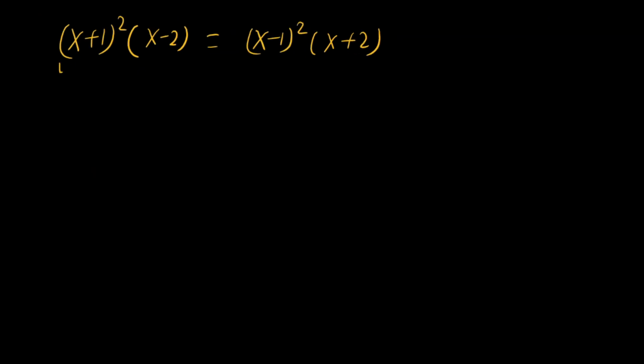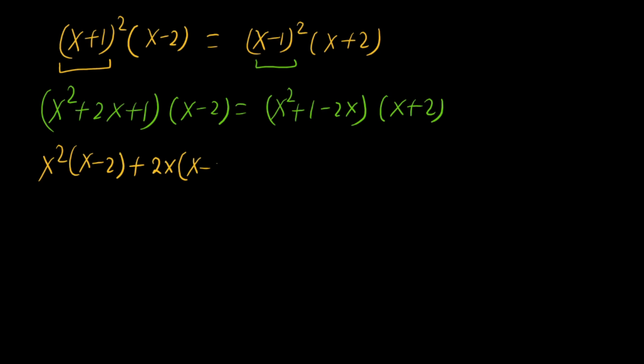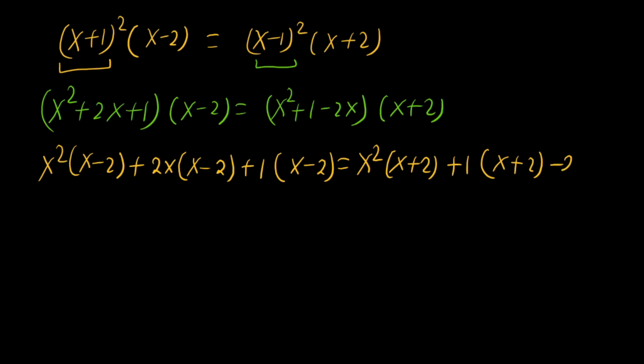Now (x plus 1) whole squared is the same as x squared plus 2x plus 1, times (x minus 2), and this is equal to (x minus 1) whole squared, which is x squared plus 1 minus 2x, times (x plus 2). Then x squared multiplied by (x minus 2), plus 2x multiplied by (x minus 2), plus 1 multiplied by (x minus 2), equals x squared multiplied by (x plus 2), plus 1 multiplied by (x plus 2), minus 2x multiplied by (x plus 2).